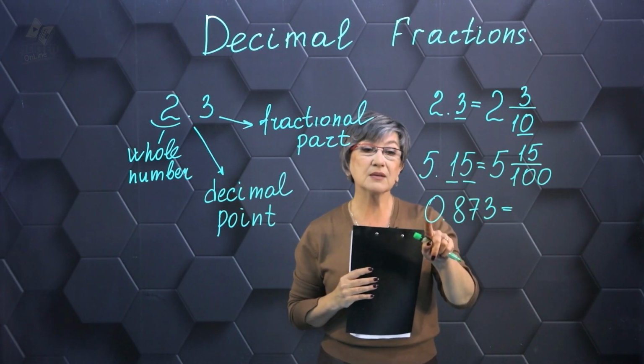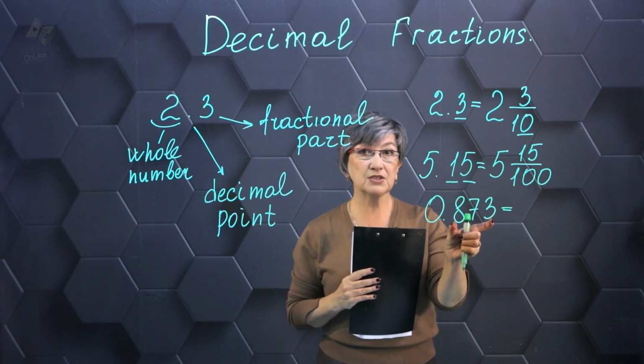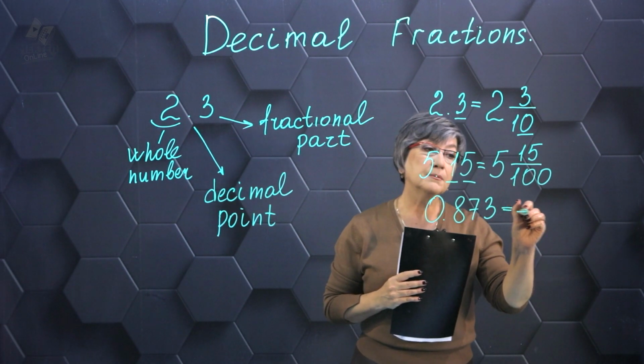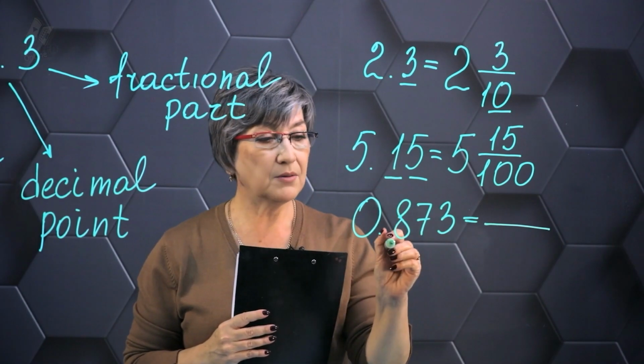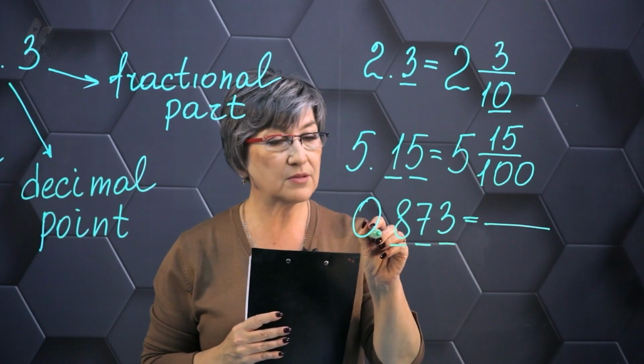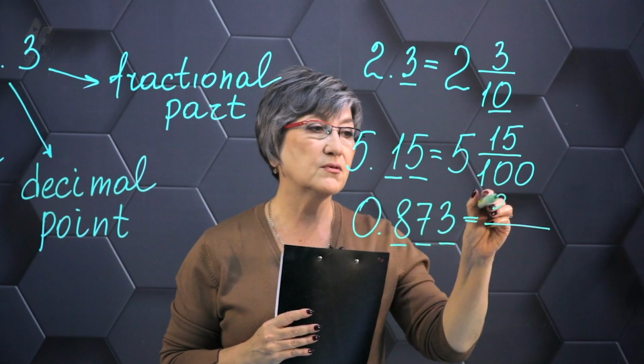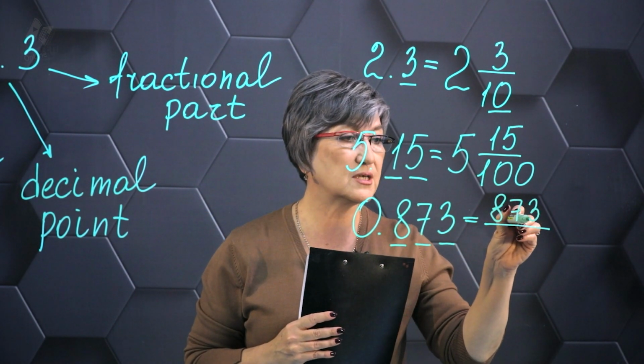So I'm not going to write down the integer part because it's 0. I'm going to go straight to the fractional part. So, the fraction line. And now I'm going to count how many positions I have after our point. Okay, 3 positions. I write 873 in the numerator.